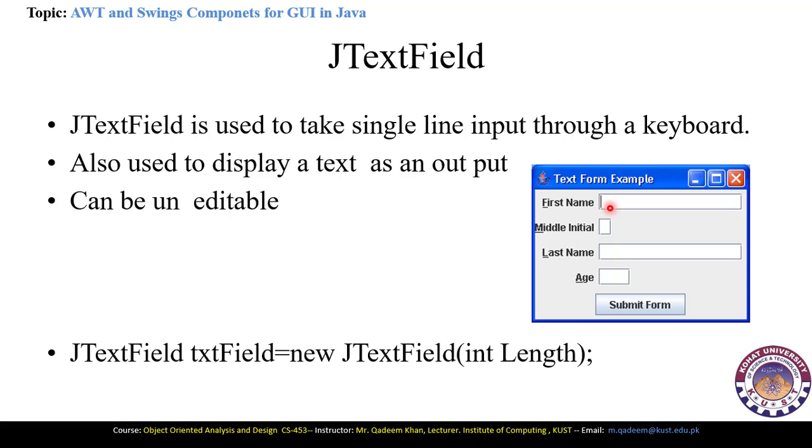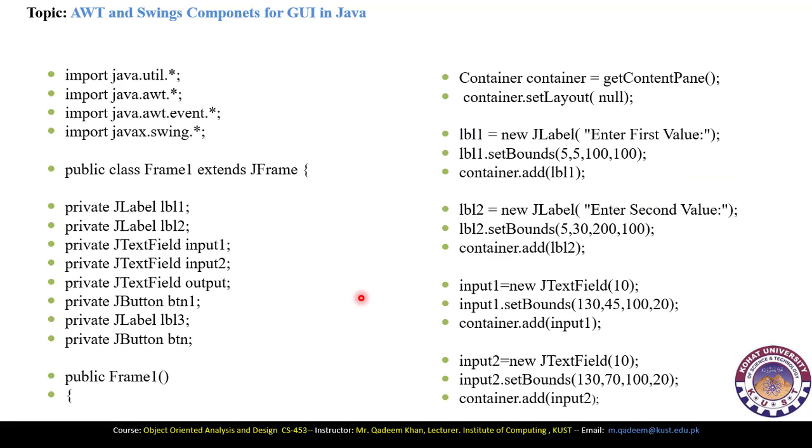For example, if we want to type here 10 digits, then we provide 10. So 10 will be the size of the input. We can provide any input, but this is the visible size on the screen in the GUI of Java. This is the example here.